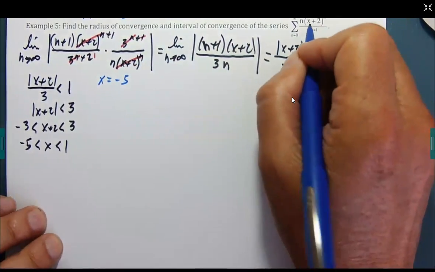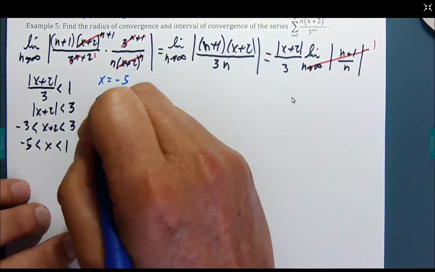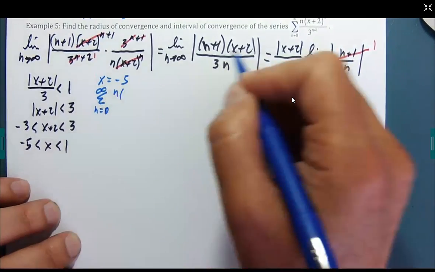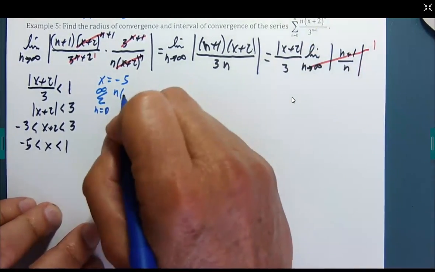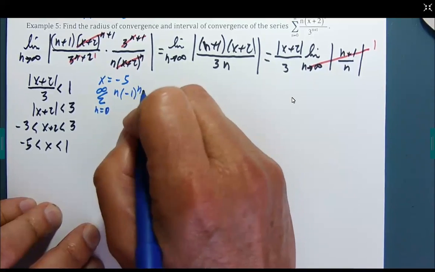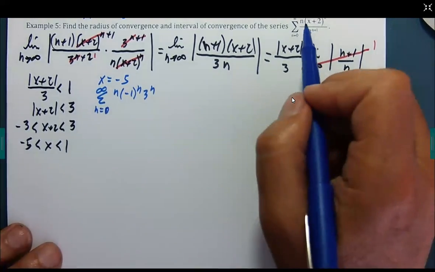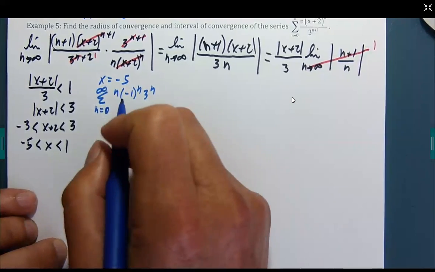I'll plug that into here. Now, -5 plus 2 is -3, which is going to give me a -3 to the n. And so I broke the -3 to the n into a couple of pieces here.